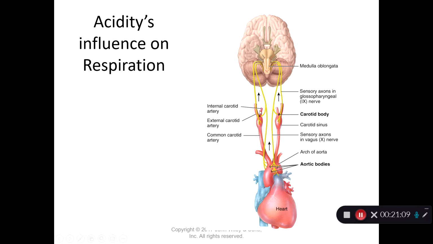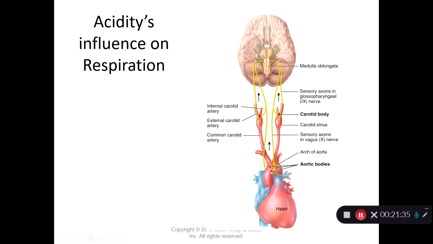Chemoreceptors are innervated portions of a nerve that are sensing chemicals. In this particular case, it is sensing CO2, or more in particular, the pH level. Not CO2 itself, it's looking for that carbonic acid. If you have too much CO2 in your blood, you're starting to drop your pH lower and lower.